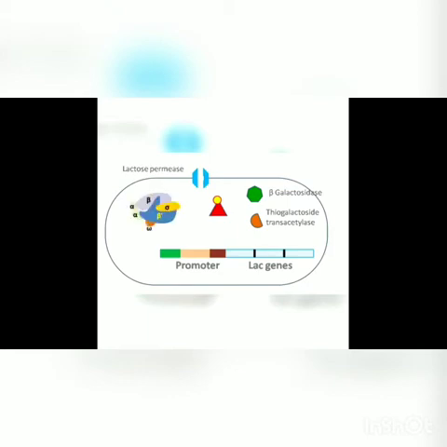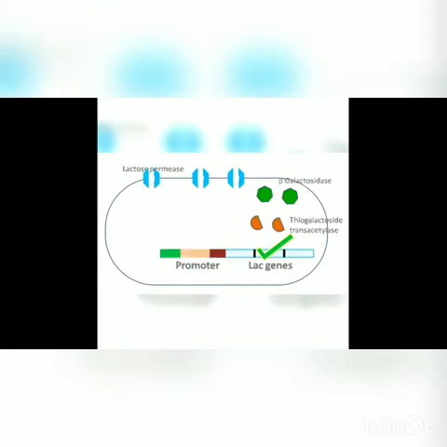As the operator is free now, the RNA polymerase can bind to the promoter and initiate the transcription of lac genes. Now, as lac genes are continuously transcribed, more lactose permease and beta-galactosidase are formed.